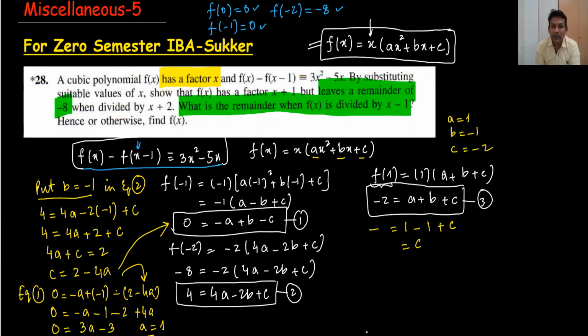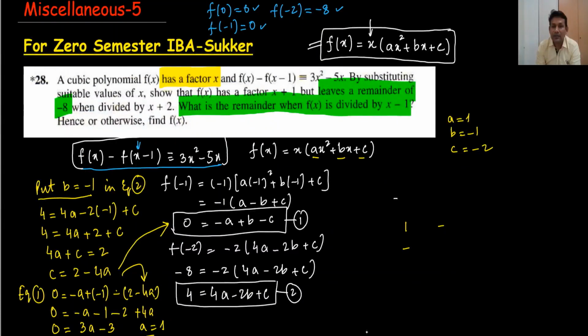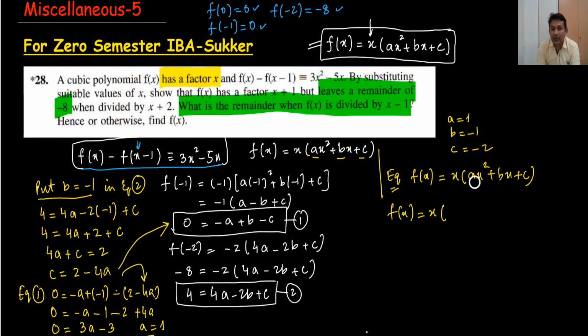Now, what's the equation? I have to put all these values of a, b and c, and you can get the equation. So f of x equals ax squared plus bx plus c, and I write all the values of a, b and c. A is 1, so 1 x squared, only x squared. B is minus 1, so minus x, and c is minus 2.